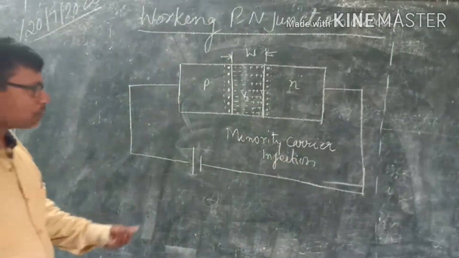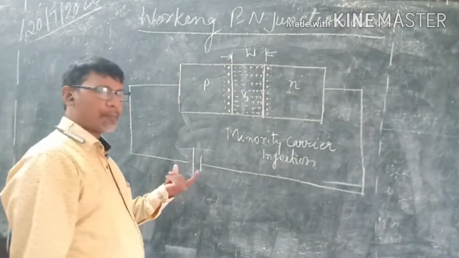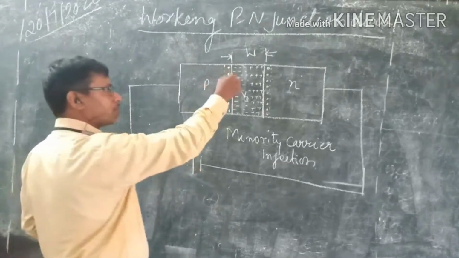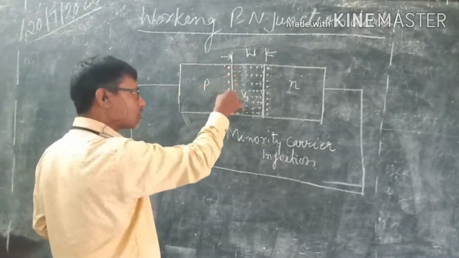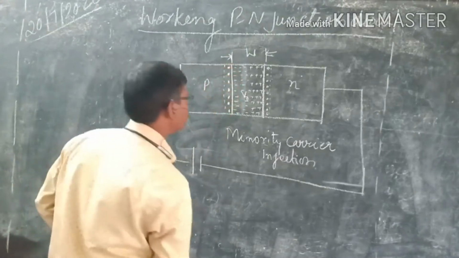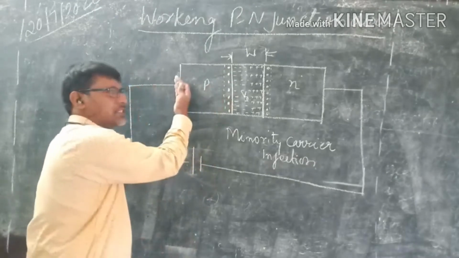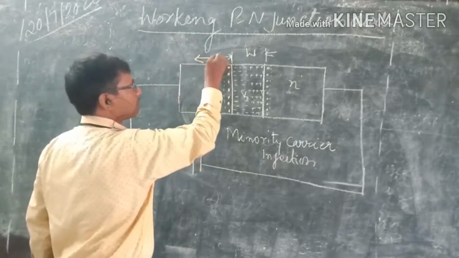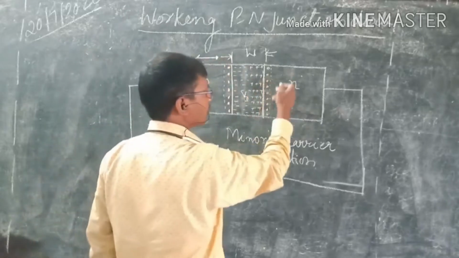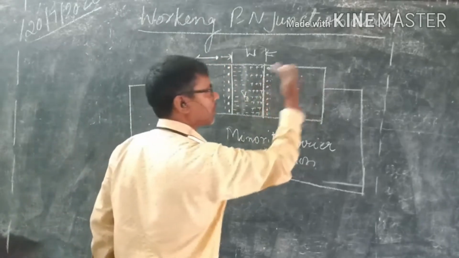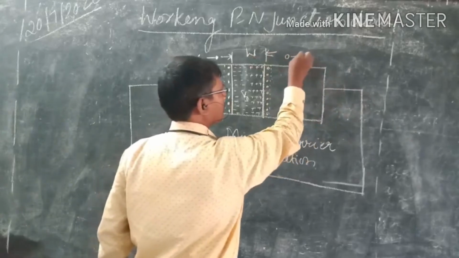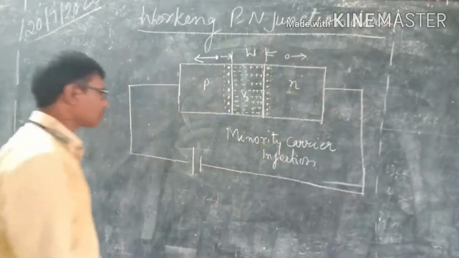Now, as we continue applying the forward biasing, what will happen? This minority carrier, that is the electrons in the P region, will move towards the other end of the P region, and the holes in the N region will move towards the other end of the N region.